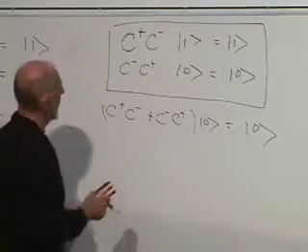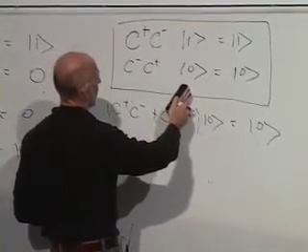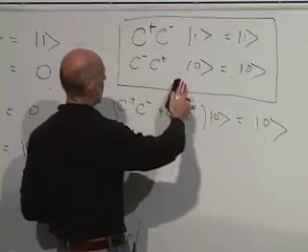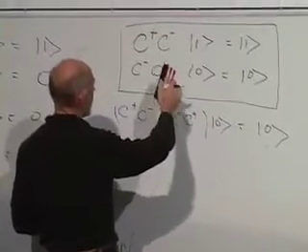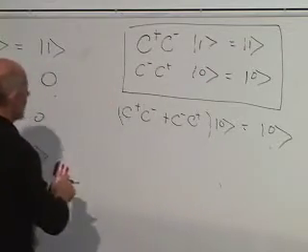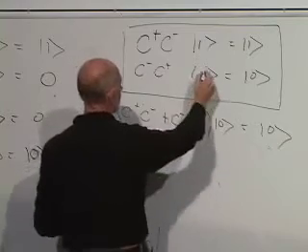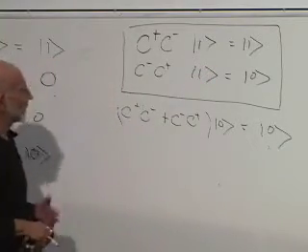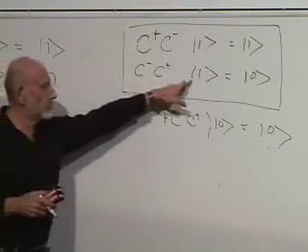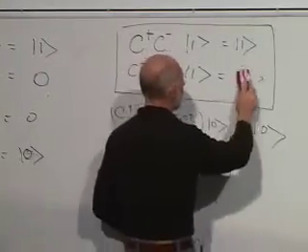What does C plus C minus give when it acts on 1? It's 0, because we can't add another particle to one that's already present if it's a fermion. So this is 0.